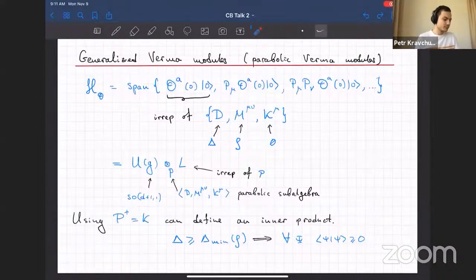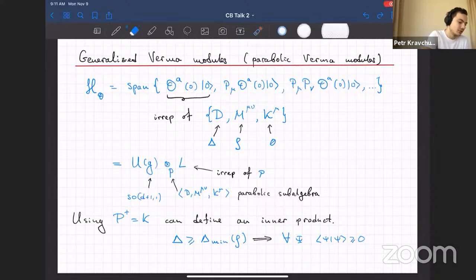As I said, the irreducible representation associated to some primary operator O is spanned by these states, which are O acting on the vacuum in radial quantization, P times O acting on the vacuum, two Ps, and so on.